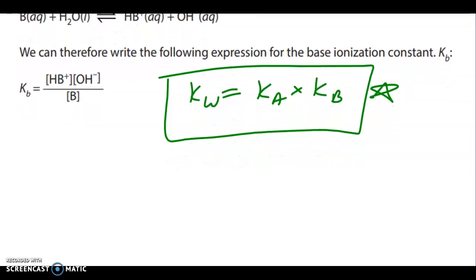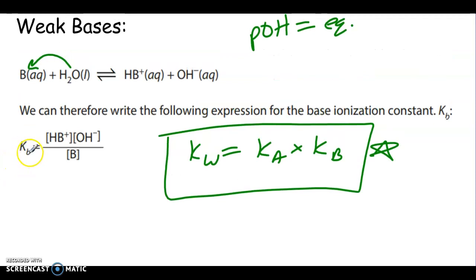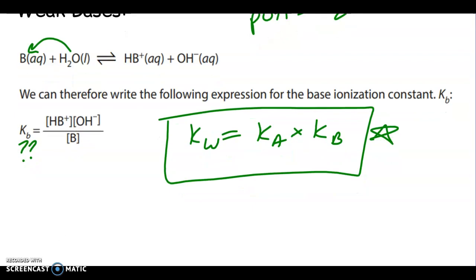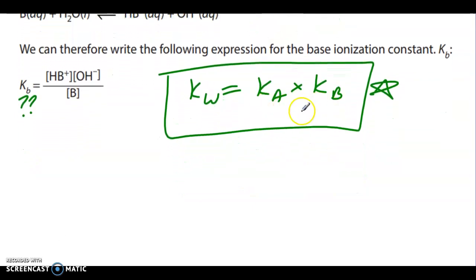When we're looking up the Ka values, we know our data chart at the back of the book has a whole bunch of different Ka values that you can look up. However, Kb's are not readily available. So unless they give you the Kb in the question itself, you will have to solve for Kb before doing the actual question. So this is when this relationship comes into play.